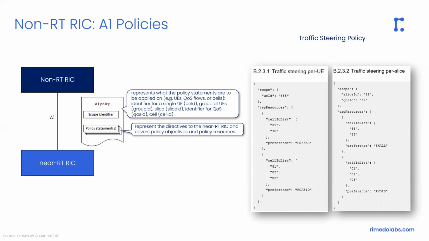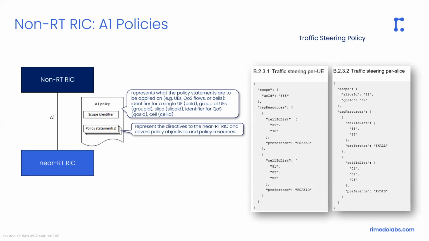We could basically control the RAN individually per UE. And then the policy statements provide so-called objectives to be realized by the near real-time RIC from the non-real-time RIC. So those kinds of adaptations. And here we have some examples, and Adrian and Łukasz will speak about those in detail from the implementation perspective.